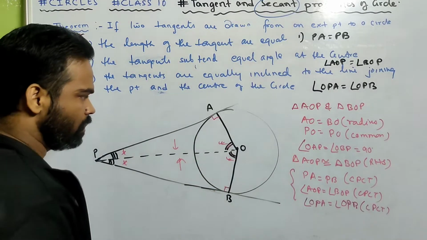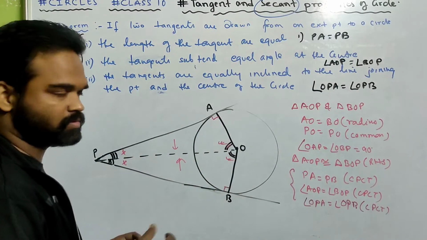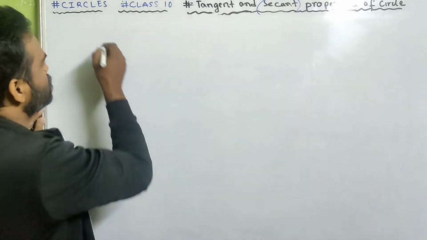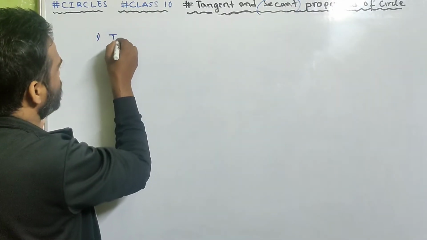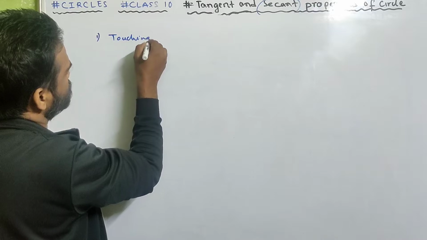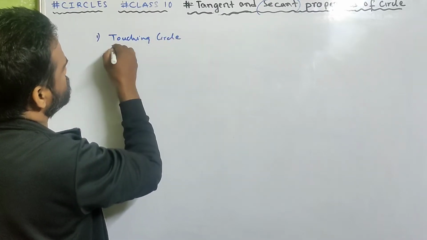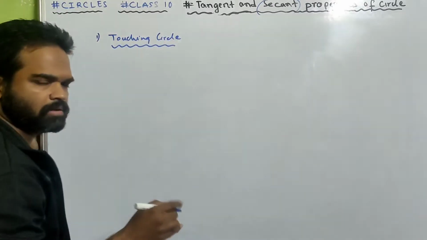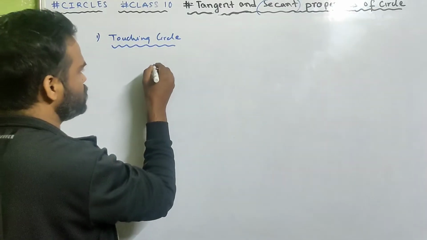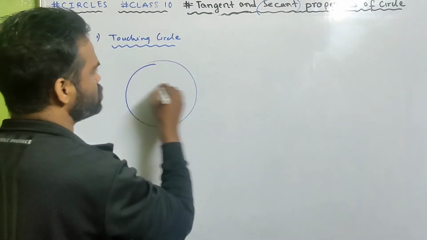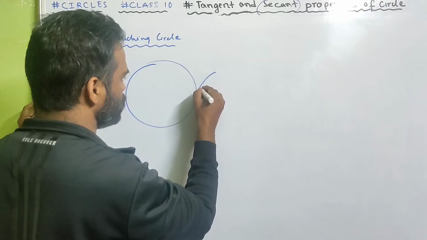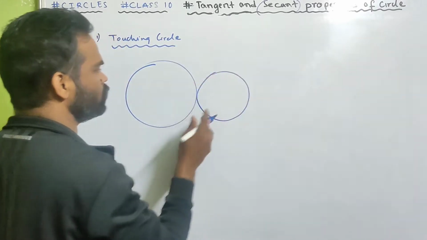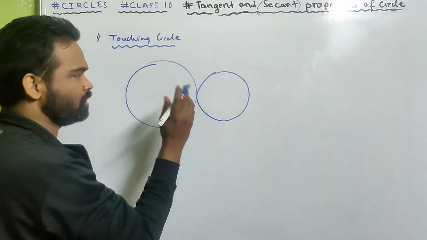Done? Now let us see touching circles. Okay? Now look at touching circles. Now, two circles can touch each other in two ways. First is, this is your circle 1 and this is your circle 2. They touch each other externally.